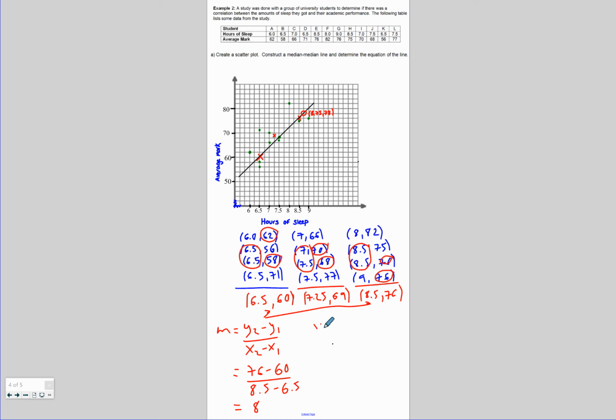Then I use my point on my line to solve for the y-intercept, using y equals mx plus b. Sorry, to solve for the y-intercept, not the slope.